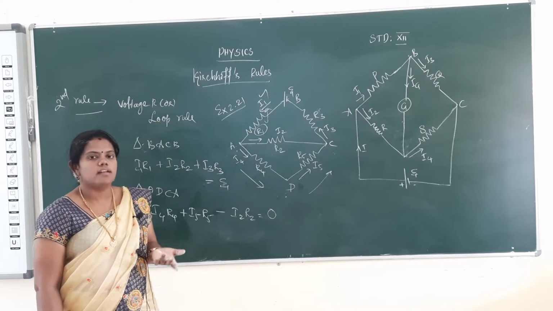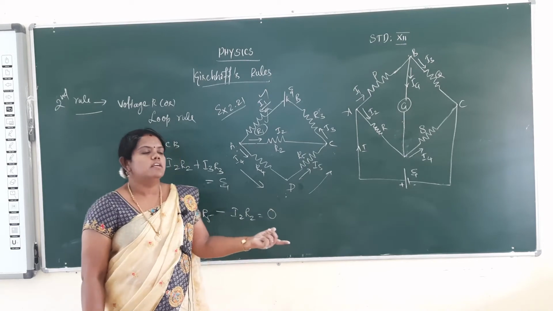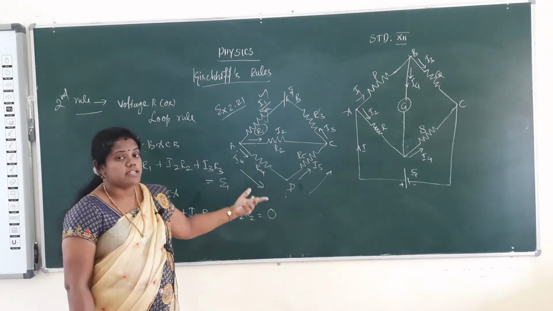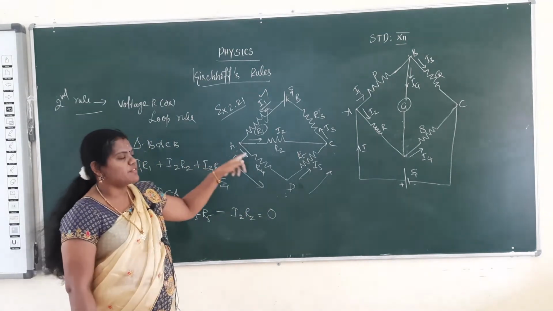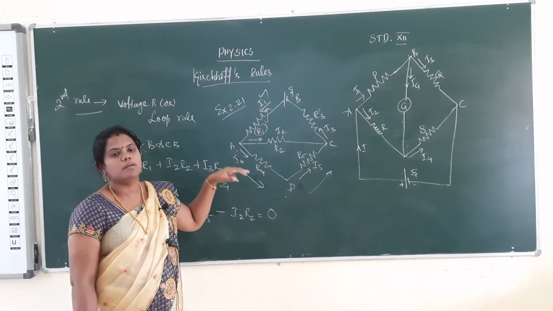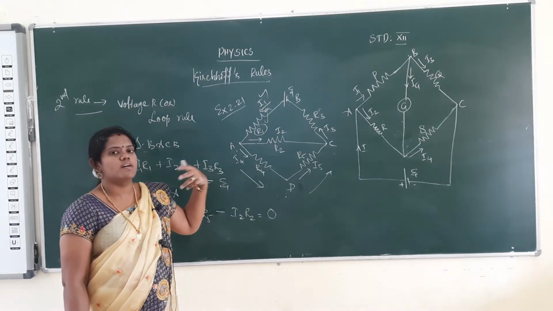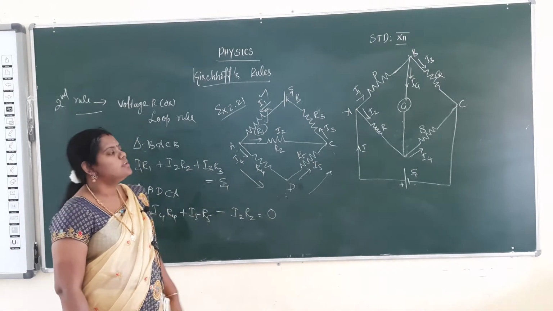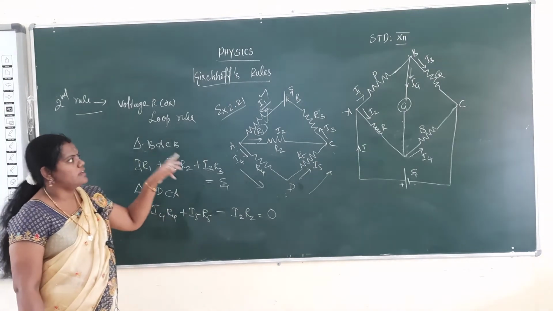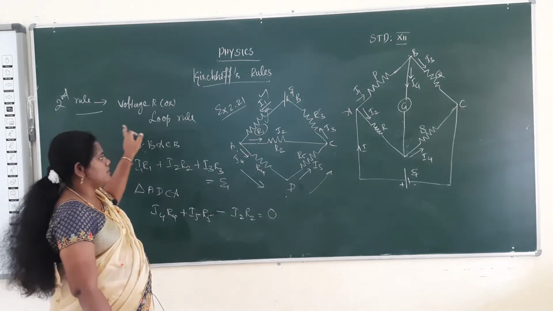Suppose the second current is opposite to the first current, it will be taken as negative. And for the EMF of the cell, a current coming from the battery is taken as positive, and a current falling towards the battery is taken as negative. Okay, that's the way I explained this example of Kirchhoff's second rule.